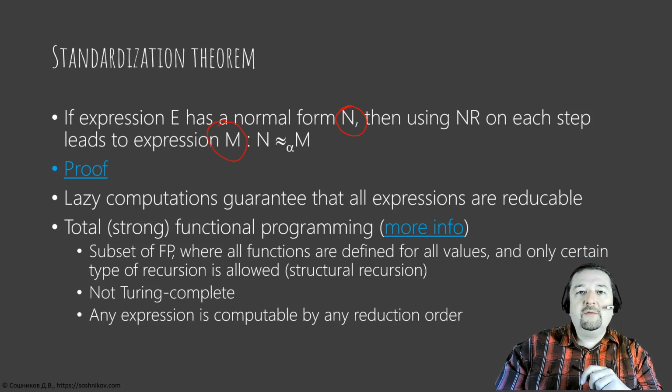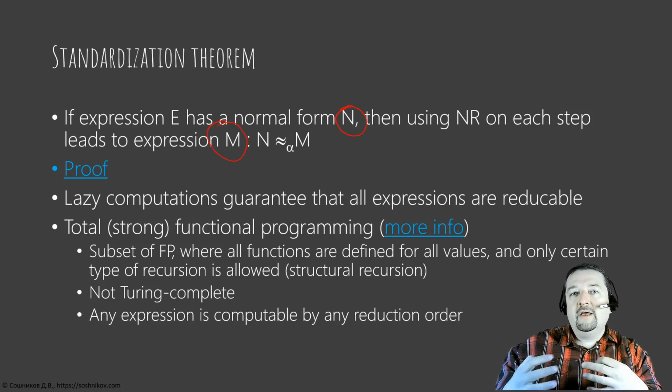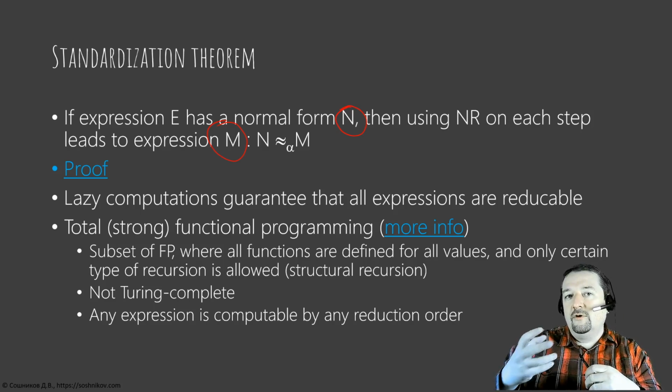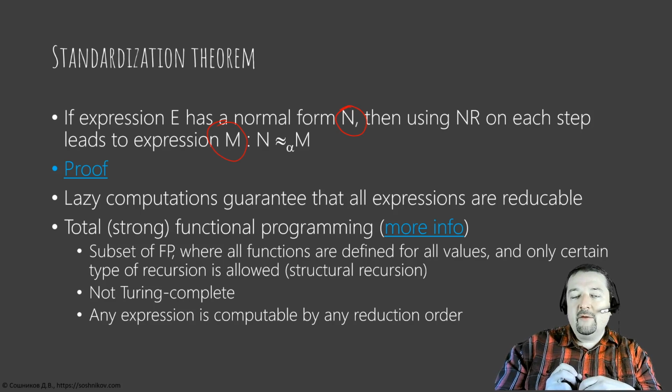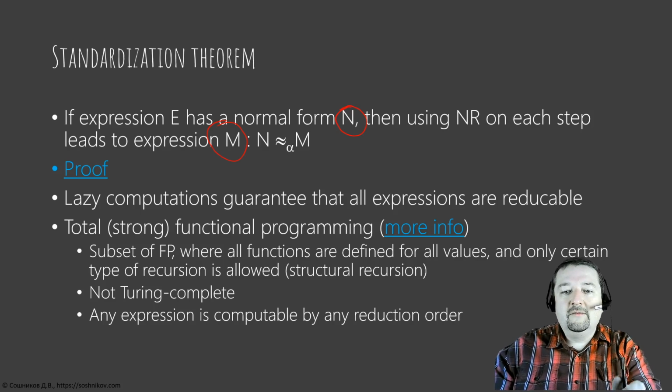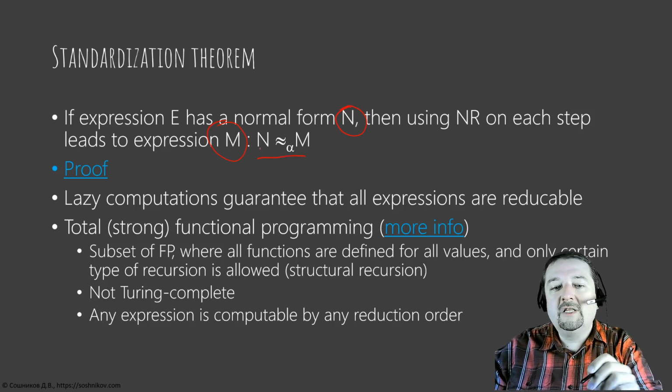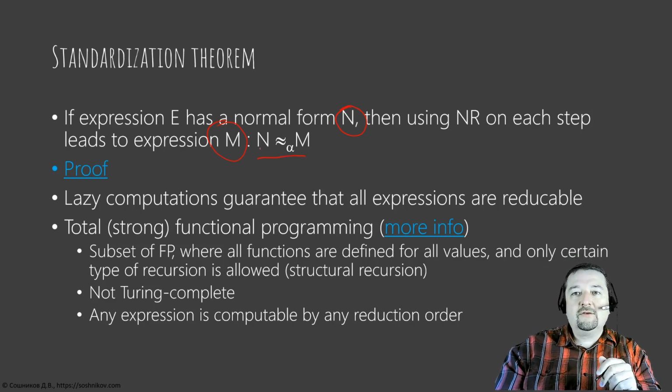This is important because sometimes we can end up with different names for variables in lambda expressions, and that's okay. Expressions equivalent up to variable names are called alpha equivalent, and they mean the same.